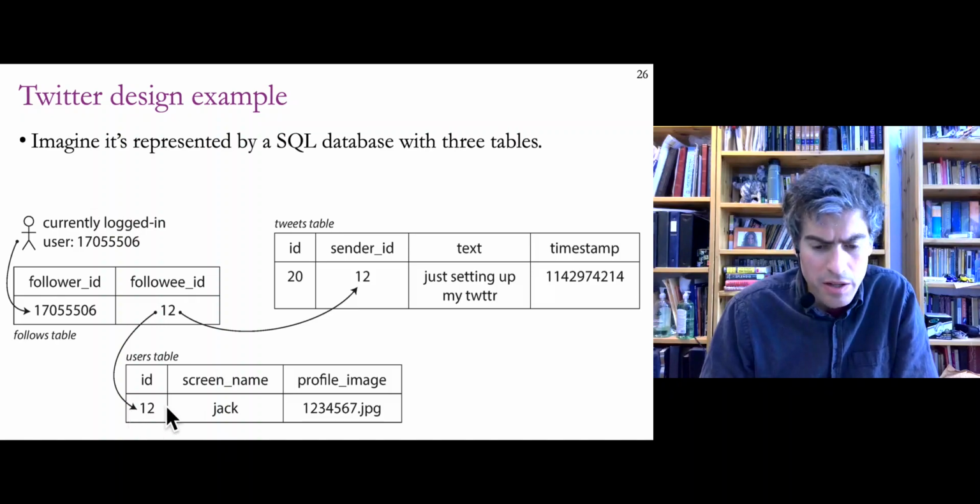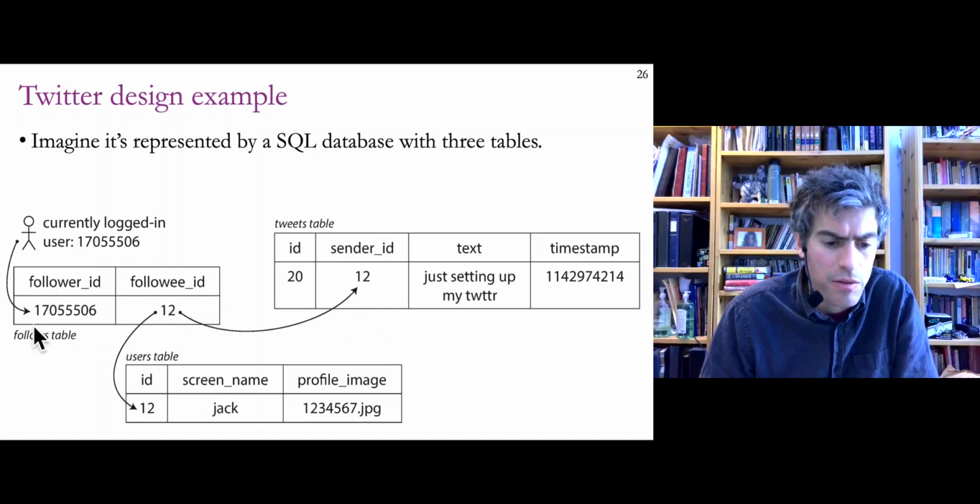You have a table with users, and you have tweets. Every tweet has a user associated with it, which is the sender ID. So this 12 here matches this user 12. And there also is a follower table, which shows all of the relationships between followers and followees.